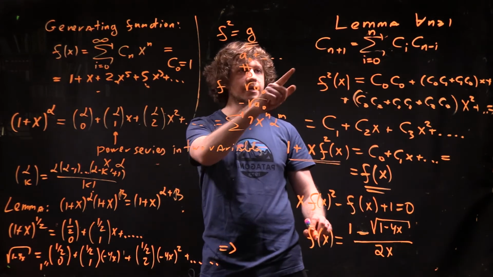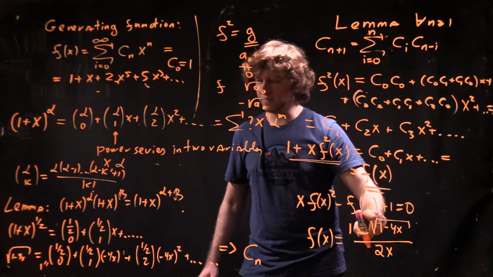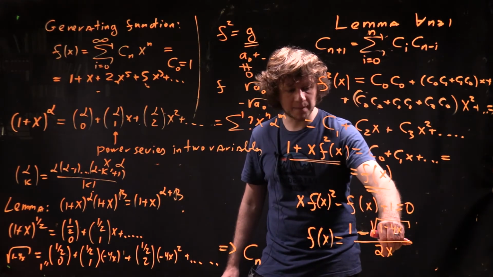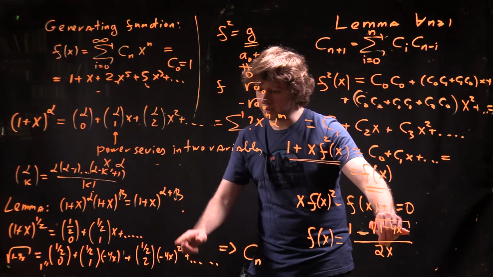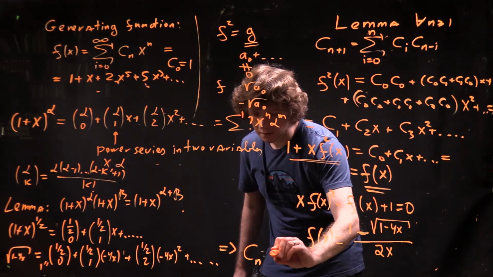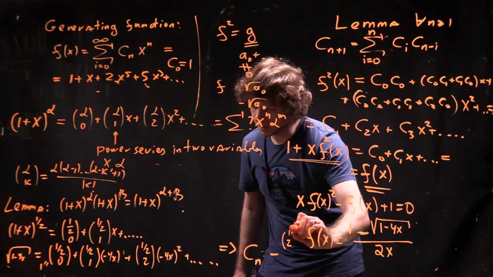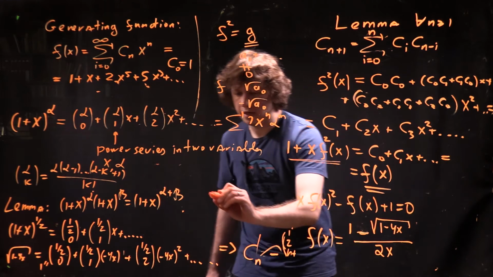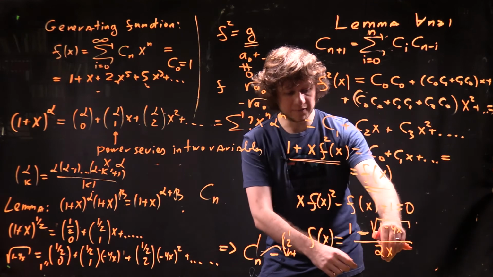Cn is the coefficient before x^n in this function, which is the coefficient before x^(n+1) in this function, since here I divide by x.